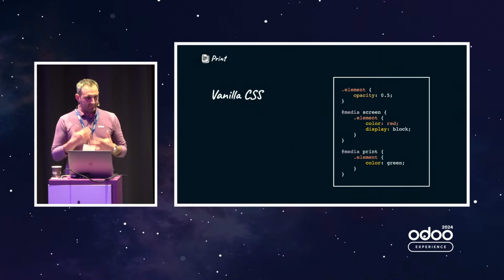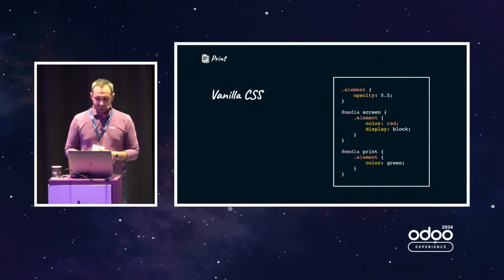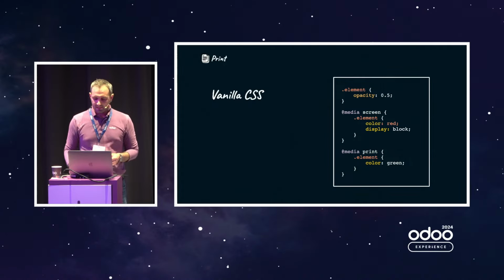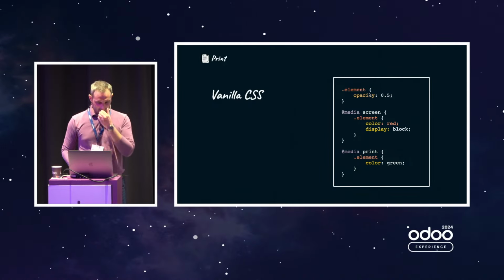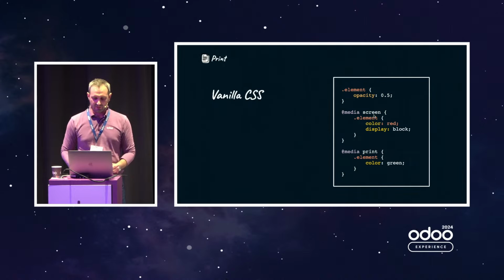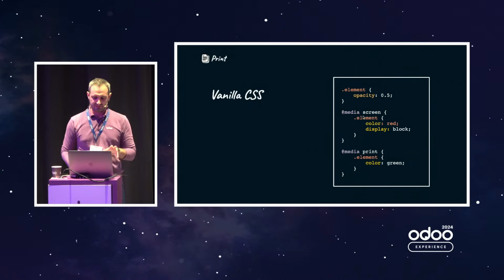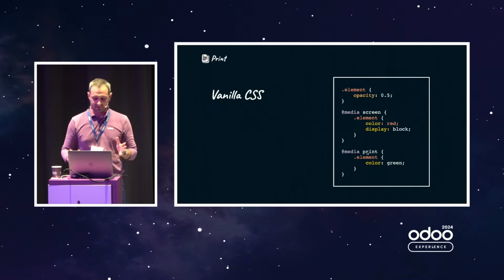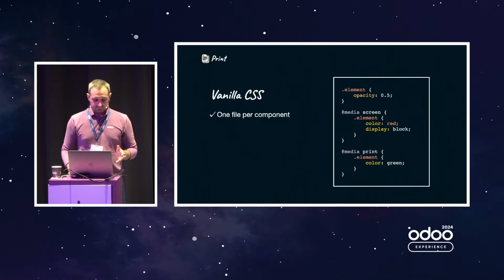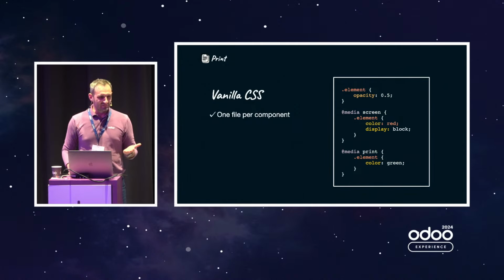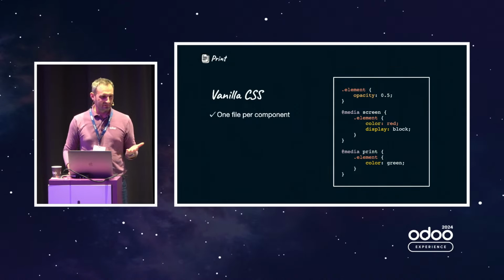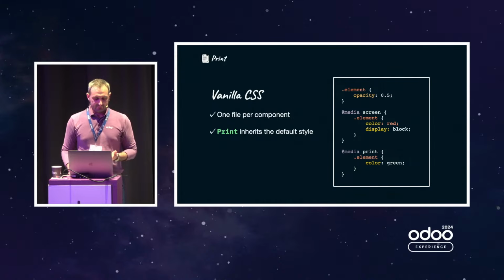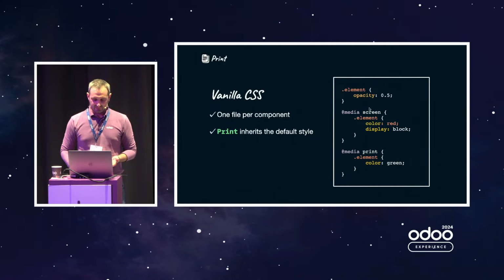We tried different approaches. The first one is the vanilla CSS, let's say. So we have an element that comes with an opacity, and then we have specific rules that are triggered depending on whether you are on screen or on print. This is quite basic. We respect the first rule, of having one file per component. Print is inheriting the default style.